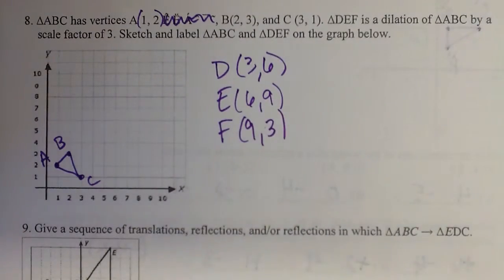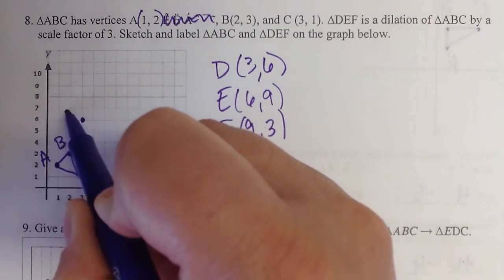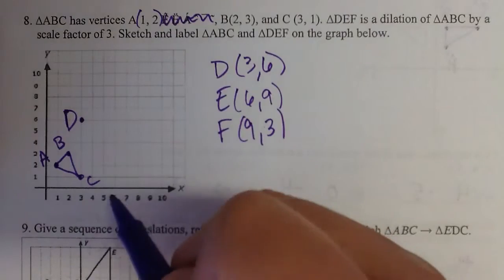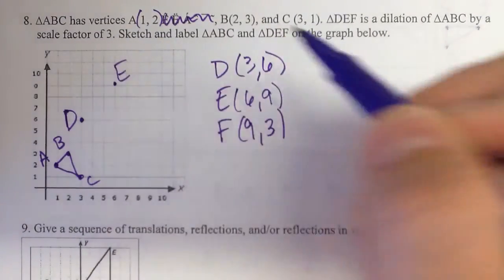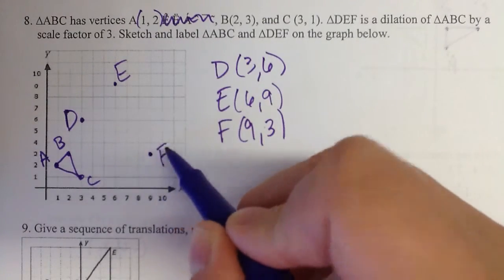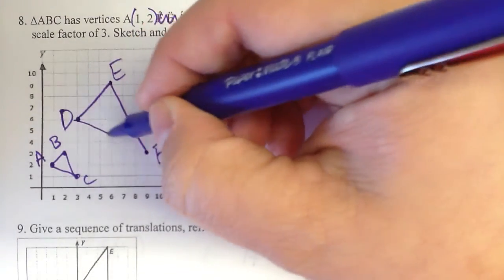So those are our new coordinates, and we just graph them. 3, 6. That would be D. 6, 9. E. 9, 3. F. D, E, F.